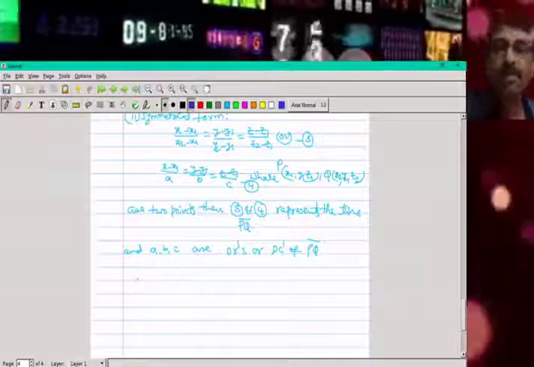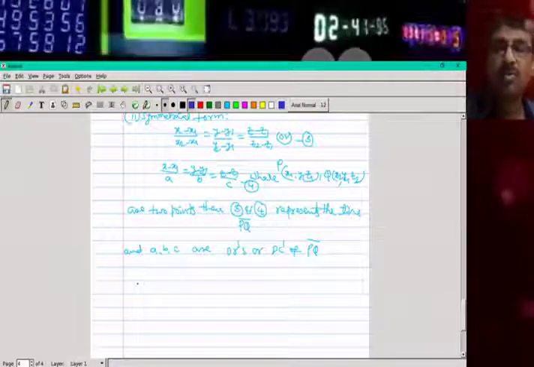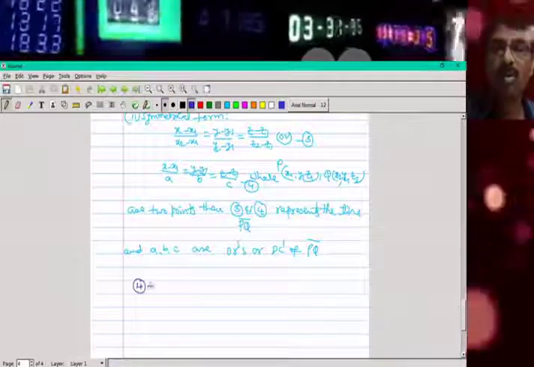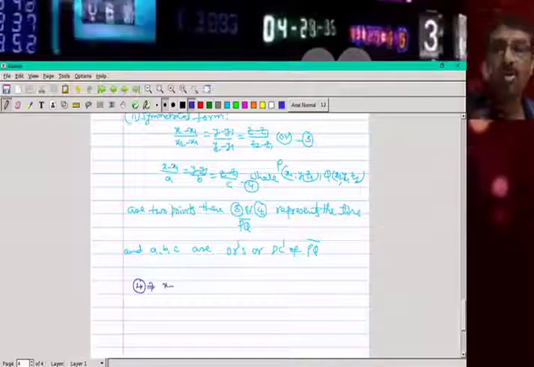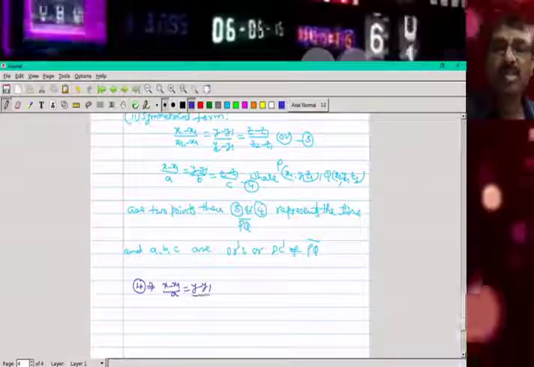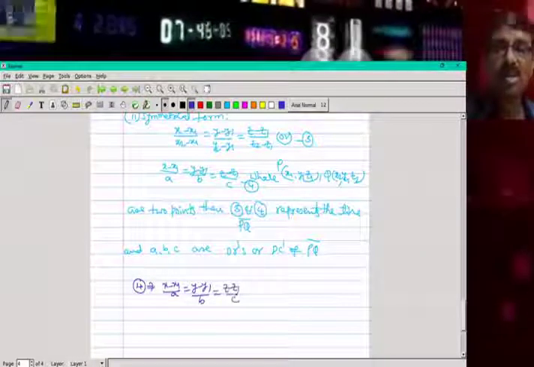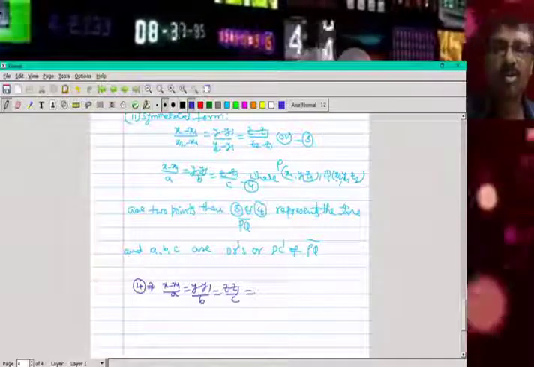Continuing equation 4 implies x minus x1 by a, y minus y1 by b, equals z minus z1 by c, equals some r.